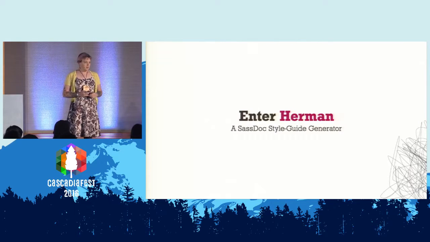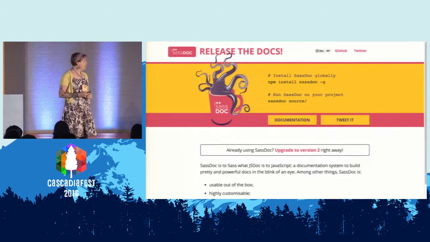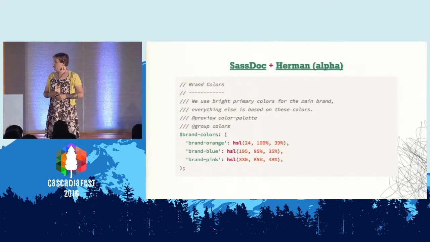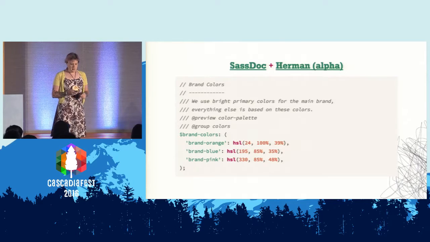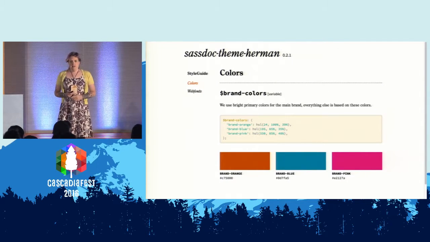And I can access them using another piece of software. So we're working on Herman. It's built on SassDoc. SassDoc is a great tool if you need to document Sass. It uses inline comments to write your documentation, and then it generates something. So we're using SassDoc comments, and then we've added a few of our own little tricks to it, like preview color palette, and it understands the way we do colors, and it automatically outputs the palette.